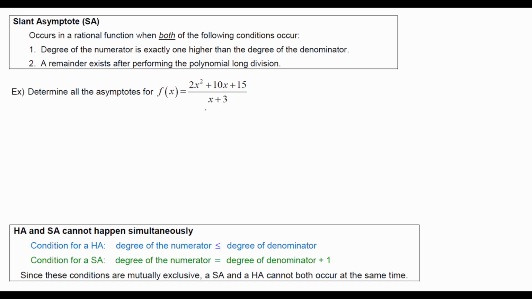This is not yet enough of a condition to determine whether this function has a slant asymptote or not. When you do the long division on this function, you have to have a remainder in order for this function to have a slant asymptote. Think about it. For example, let's say I divide 2x squared plus 10x plus 15 by x plus 3.